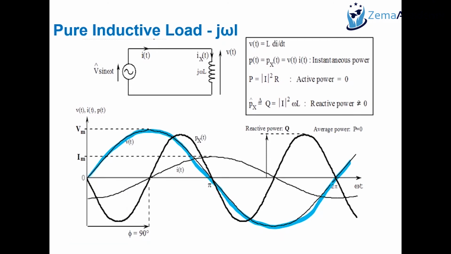Some people remember it differently, so this is how I remember. In an inductor, the current is behind the voltage, so current lags.